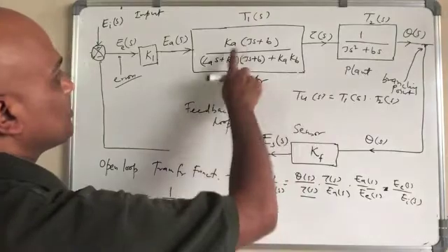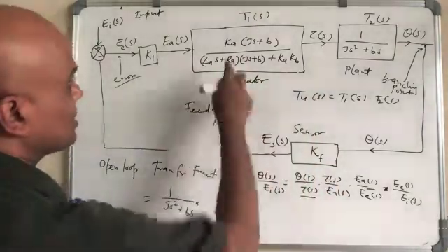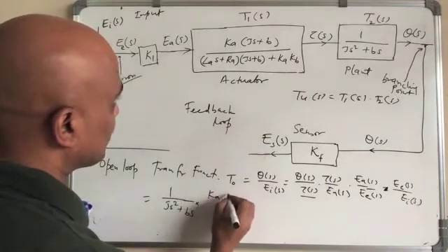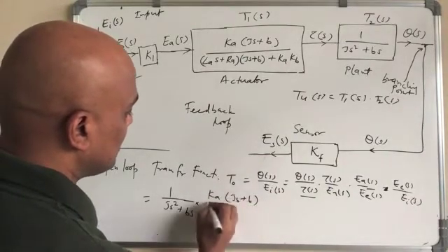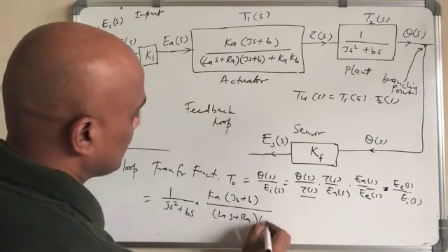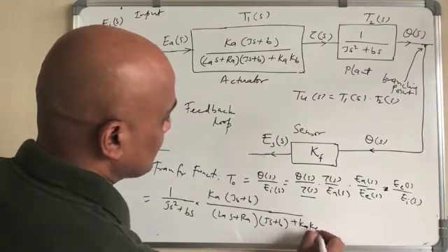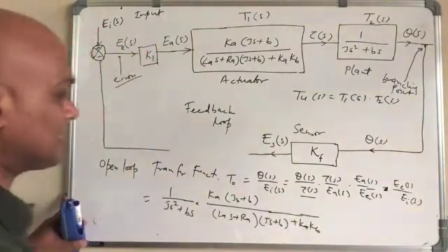Then tau S over EAS: whatever value this one is, you have KA (JS plus B) divided by (LAS plus RA)(JS plus B) plus KA times KB.